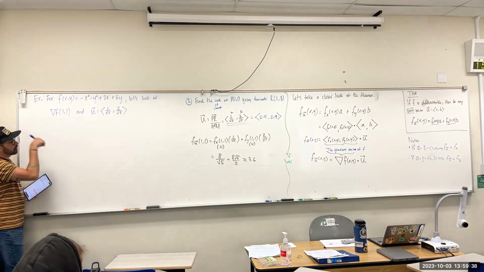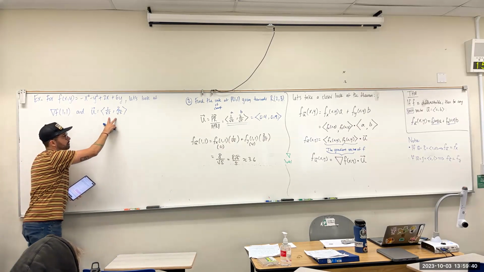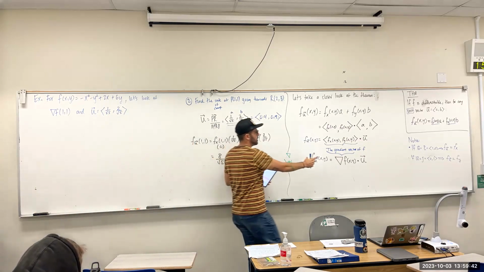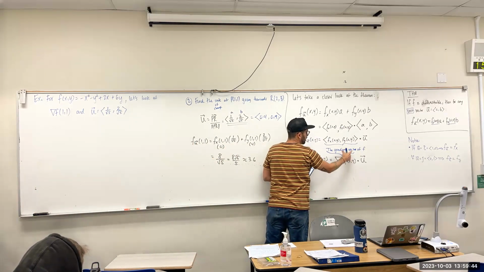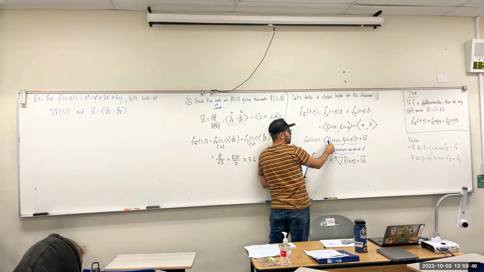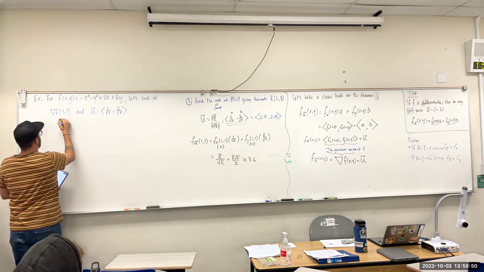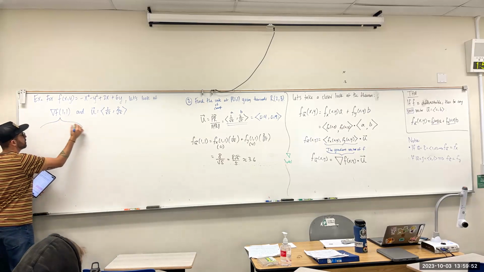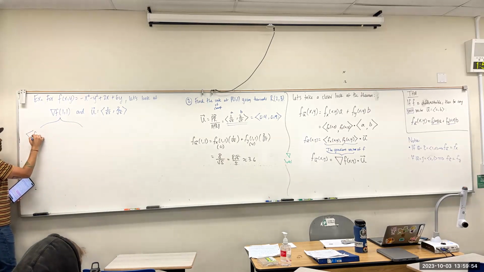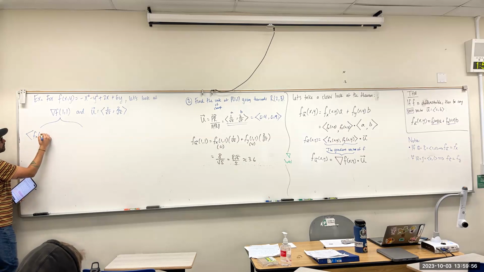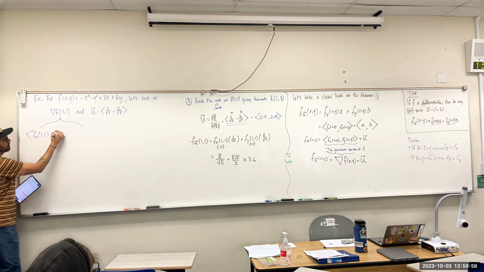So we already know the components of this vector. By definition, what we have to do is use the partials and plug in that point. So when you're asked to find this gradient vector, take the partials of the function and plug in that point.